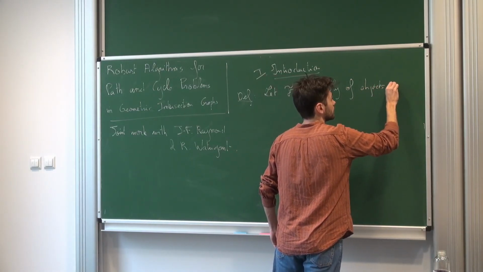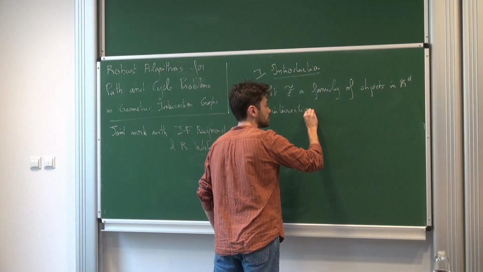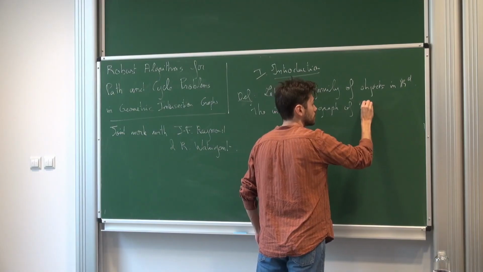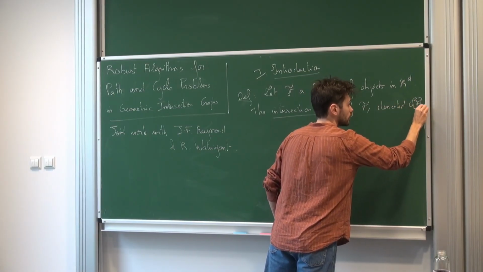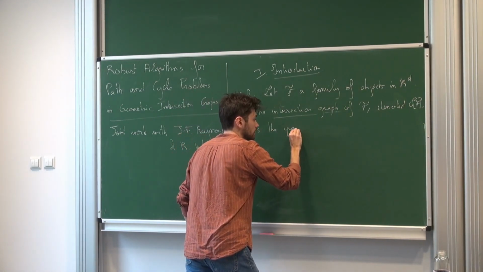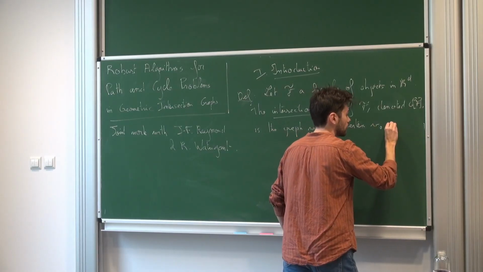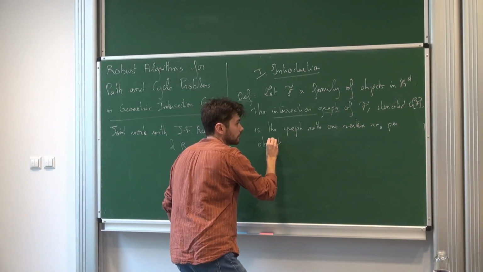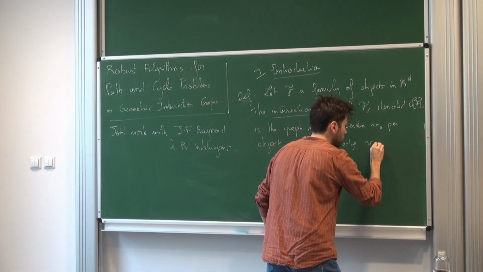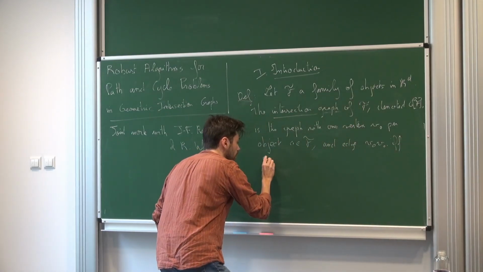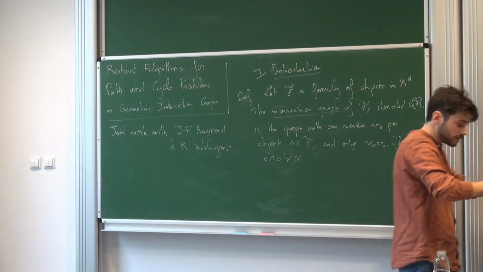The intersection graph of F, denoted G(F), is the graph with one vertex v_O per object O in F, and an edge v_O v_O' if and only if O and O' intersect, so O intersection O' is not empty. I will just give a very general definition.